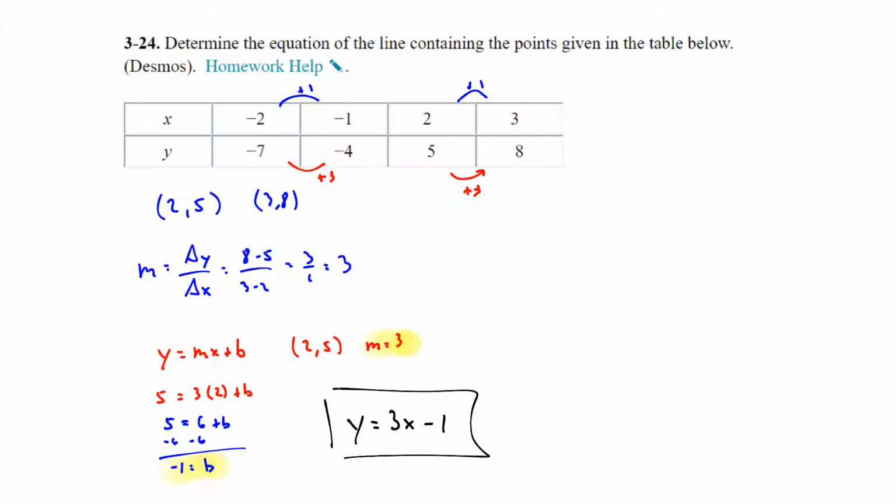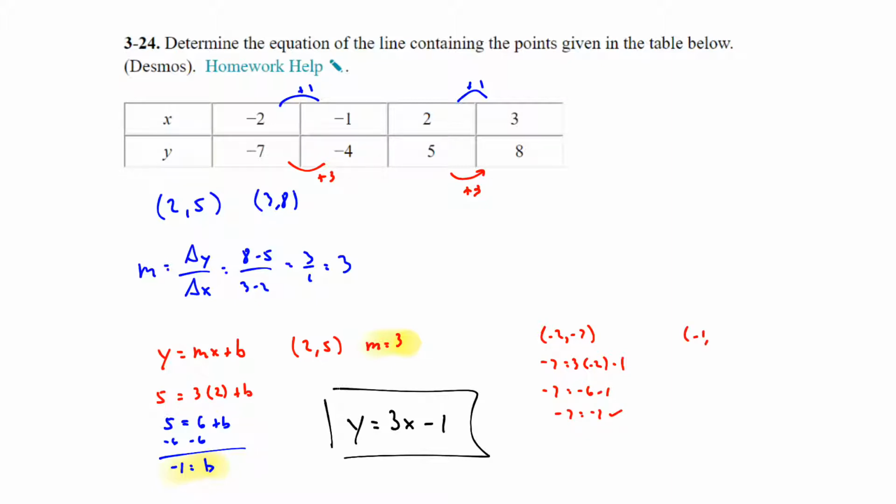And if I want to check, I can take all the points in the table and plug them in and see that they work. So for example, on the first point, negative 2, negative 7, I could say, is negative 7 equal to 3 times negative 2 minus 1? Well, negative 7 is equal to negative 6 minus 1, so negative 7 is equal to negative 7. So that does work.